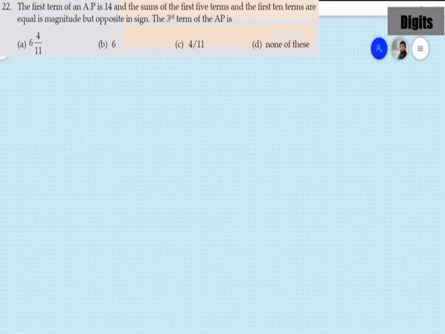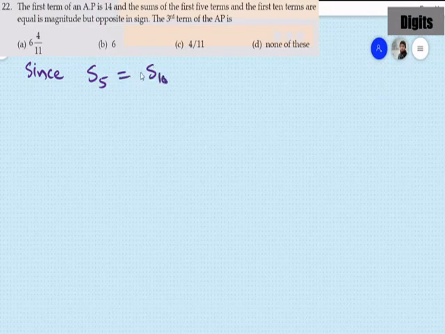Now since the question asks us to find the third term, so we should know A and D. A is given, so since sum of 5 terms, that is S5 and S10 are equal but they are opposite in sign, that is this. Sum of first 5 terms is equal to minus of sum of 10 terms.